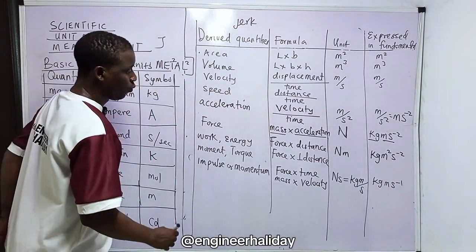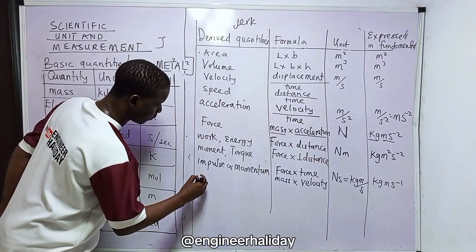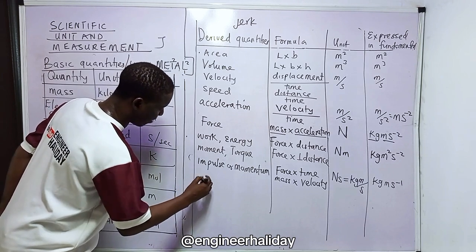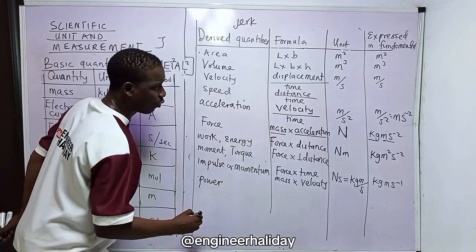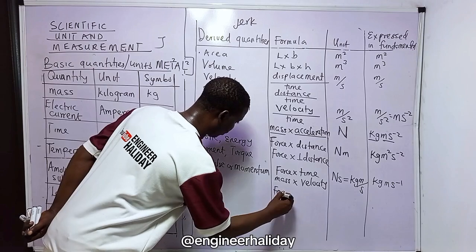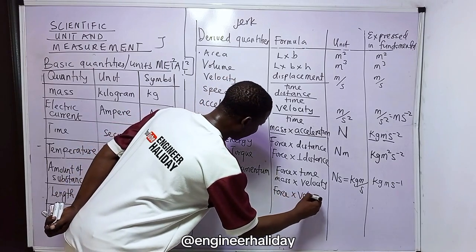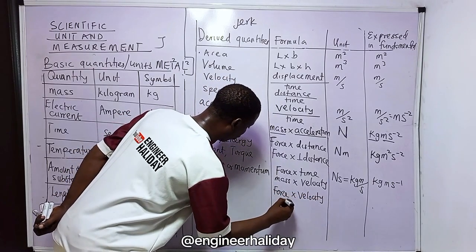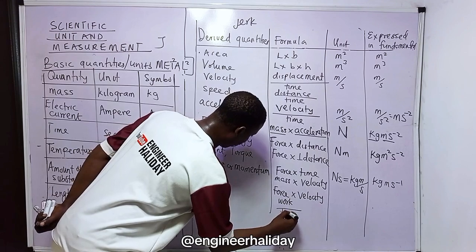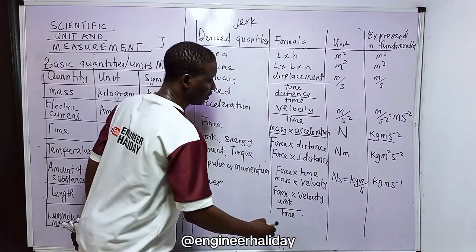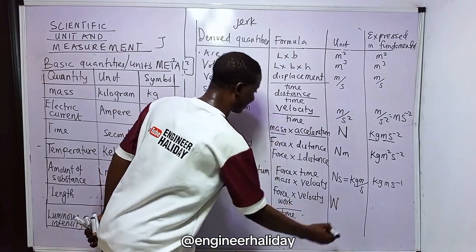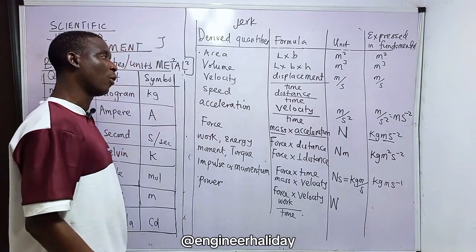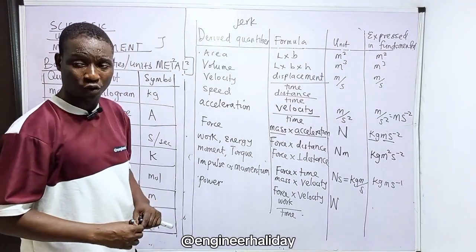Now power. Power is force times velocity. We can also take power to be work over time. That's why we say power is measured in watt, capital letter W, because it was named after someone.